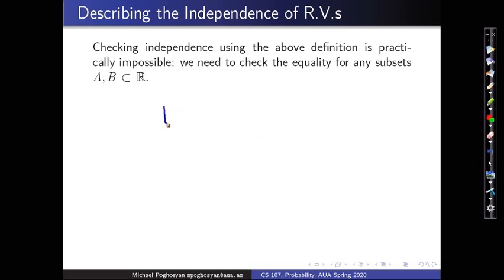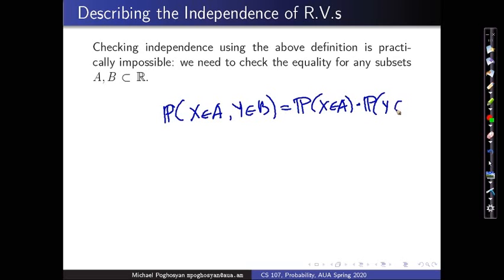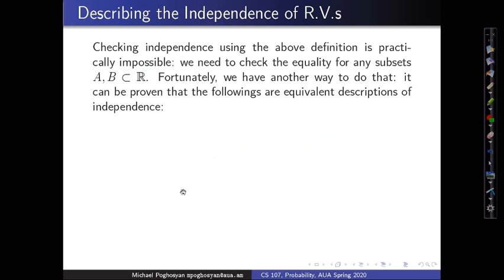Let me just quickly recall, we need to check that the probability that X is in A and Y is in B is equal to the probability that X is in A times the probability that Y is in B, and this needs to hold for any A, B in R, in fact measurable subsets of R. But we have infinitely many of these kinds of subsets, so practically checking independence by using this definition is not so nice, in fact practically impossible, because we need to consider all cases of A and B.